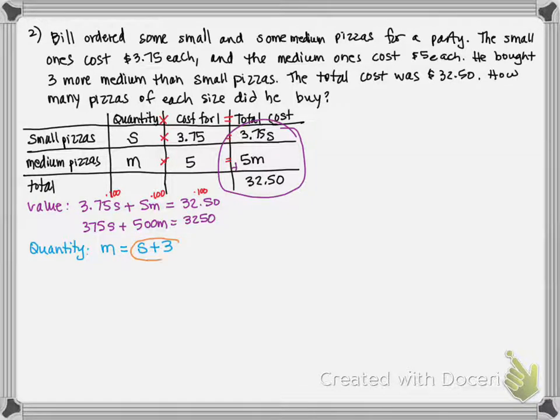So where I see M, I'm going to substitute in S plus 3. So we've got 375S plus 500 times S plus 3 equals 3,250.